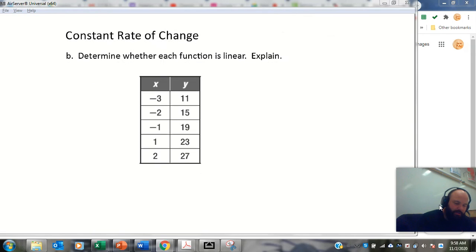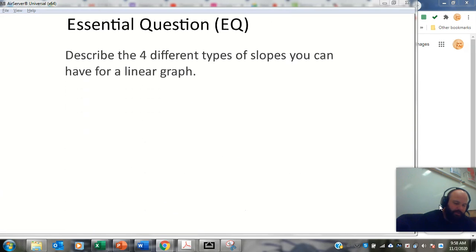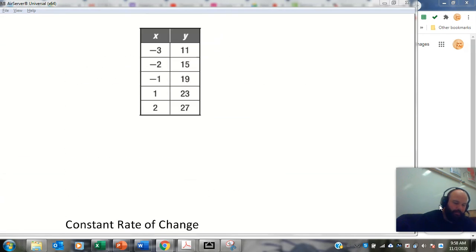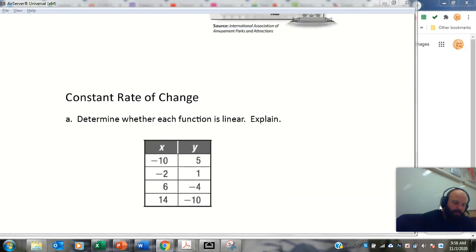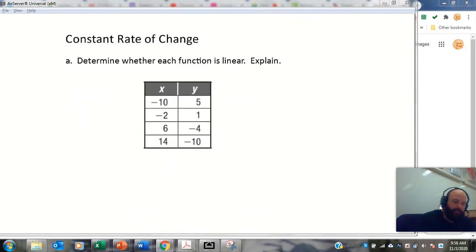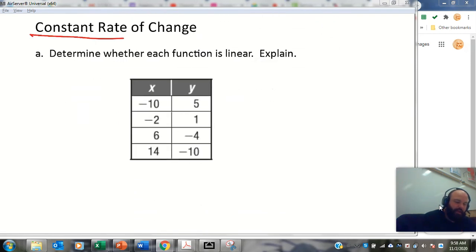Now, the last thing I'm going to show you is whether a function is linear. Okay. Now, how do you know whether something is linear? Well, it has what we call a constant rate of change. And this is what I was explaining in the very first problem: you've got to have the same amount changing in the x and the y in order for it to be linear.